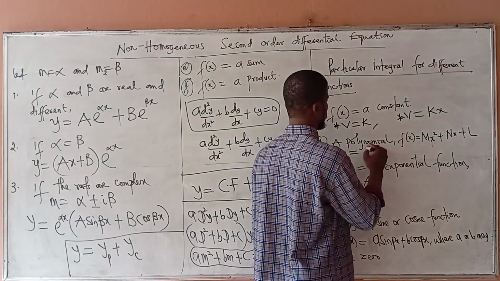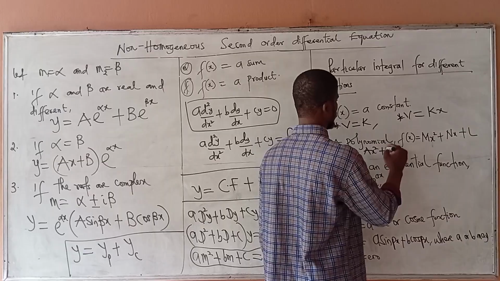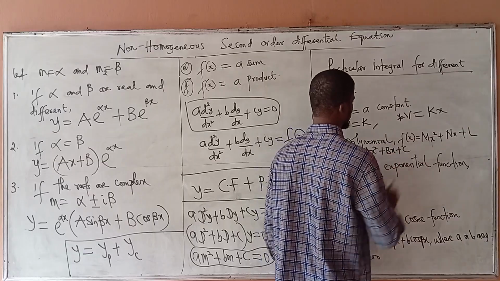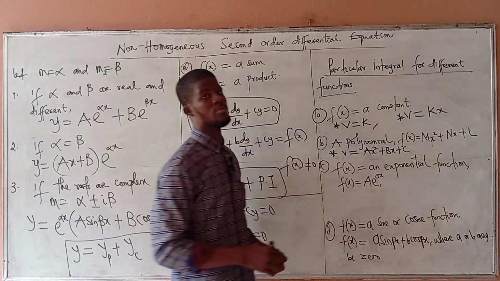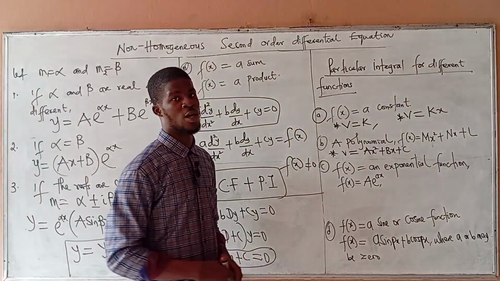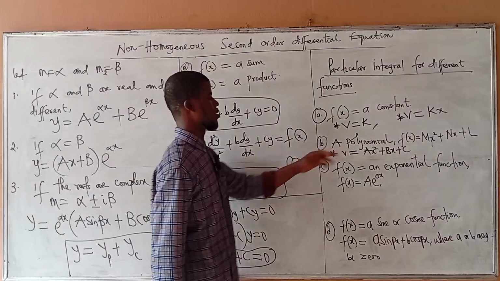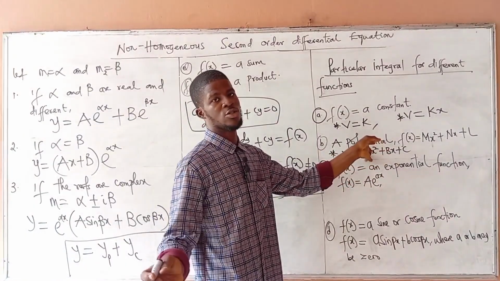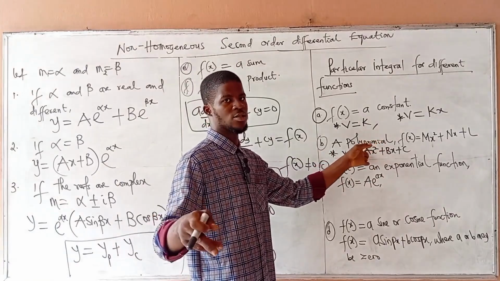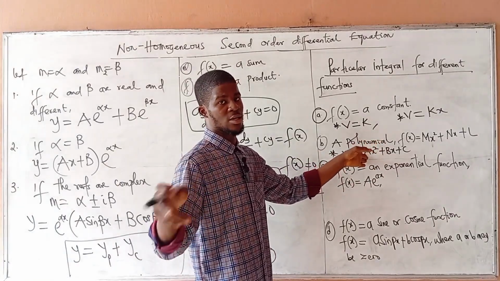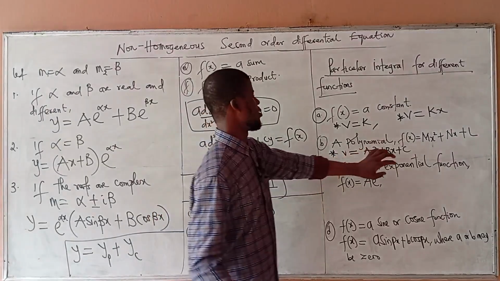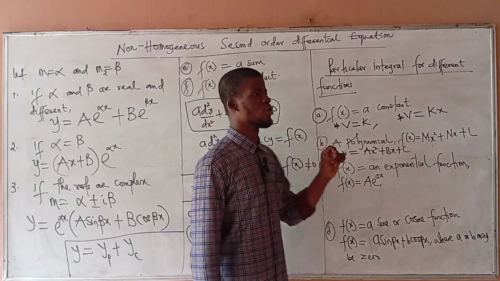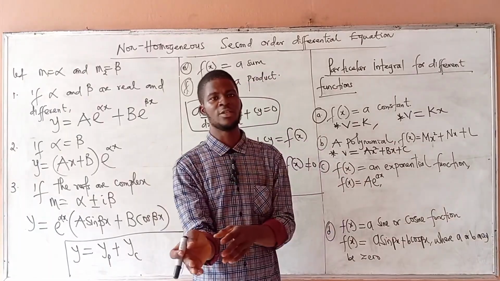Let's use ax squared plus bx plus c. That will be the particular integral. In this second case, there is no snag case. By snag case, I mean that the complementary function does not behave too differently.